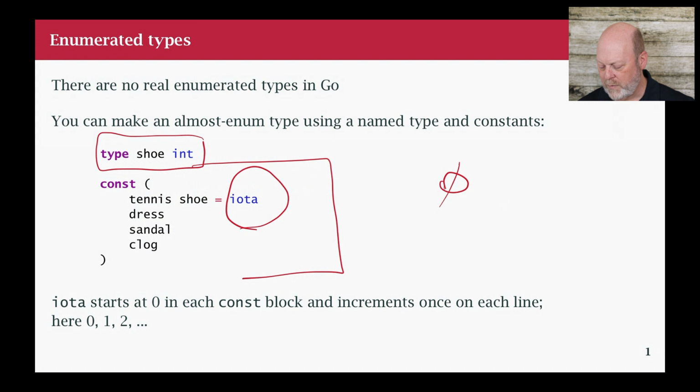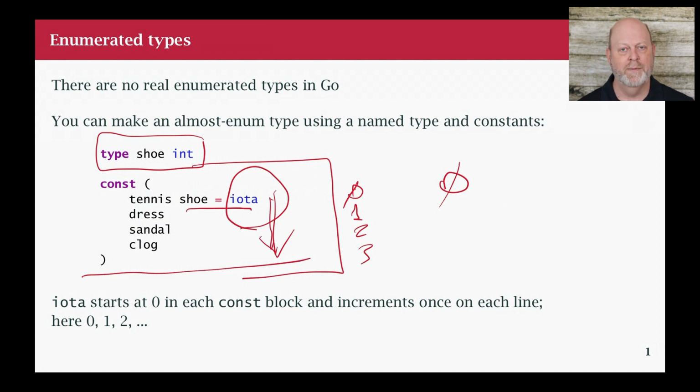So the tennis shoe will have the value 0, the dress shoe the value 1, the sandal 2, and the clog 3. Because once I've used iota on the first line, I've given the type an iota, that carries all the way down to the end of this constant block. And so those values just get what they get.